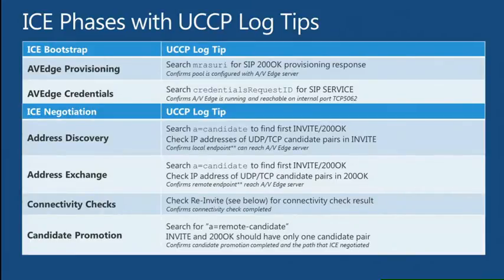For the ICE negotiation, address discovery, search for a=candidate to find the addresses that have been discovered and the addresses that have been exchanged. And if you want to see the candidate promotion, the final candidates that are chosen, search for a=remote-candidate. As a lazy person, I just search for candidate and I can find all of them.